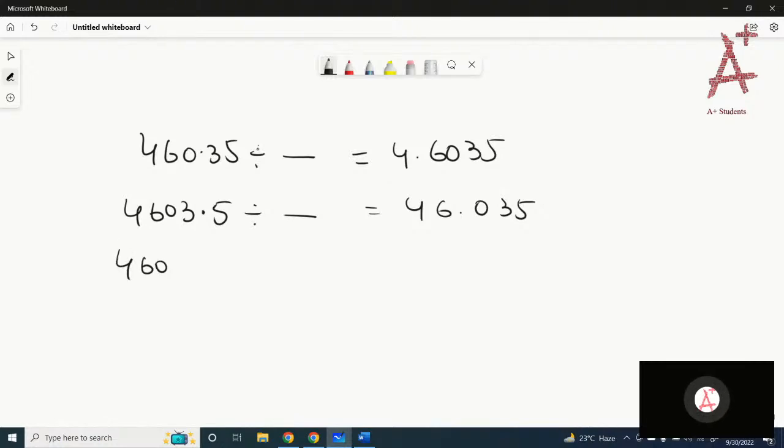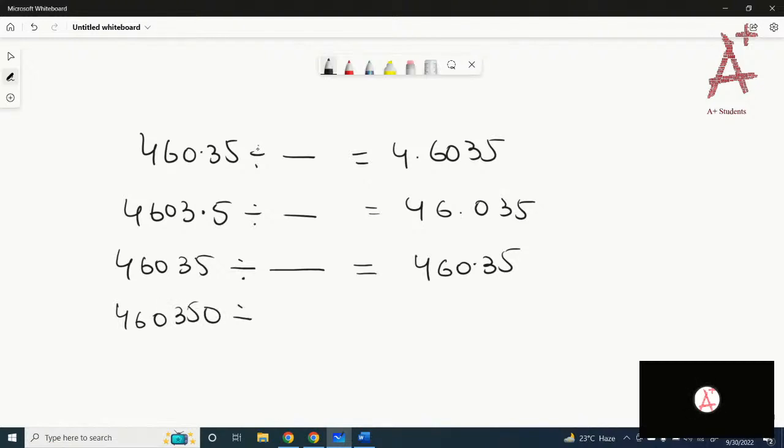Then 4603.5 divided by the missing number equals 46.035. Then 46035 divided by the missing number equals 460.35. Then 460,350 divided by the missing number equals 4603.5. So basically you have to find the missing number that divides this number, and the option is this one.